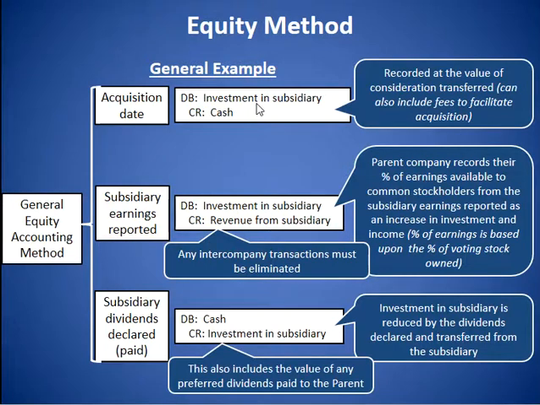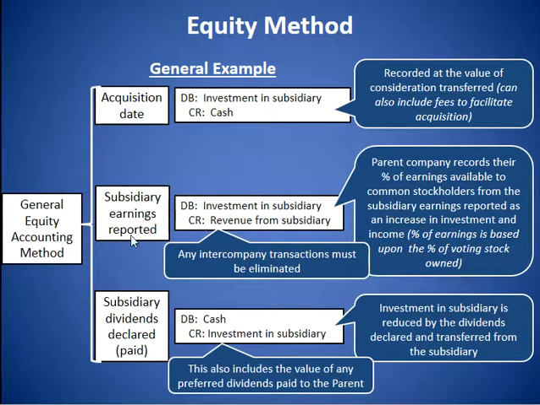And the journal entry is essentially debit investment in sub, and the credit is to cash or whatever other consideration is being given up. Now, during the reporting period, the parent company is going to record their percentage of earnings available to the common stockholders from the subsidiary earnings, reported as an increase in the investment and income. And the percent of earnings is based upon the percent of voting stock owned.